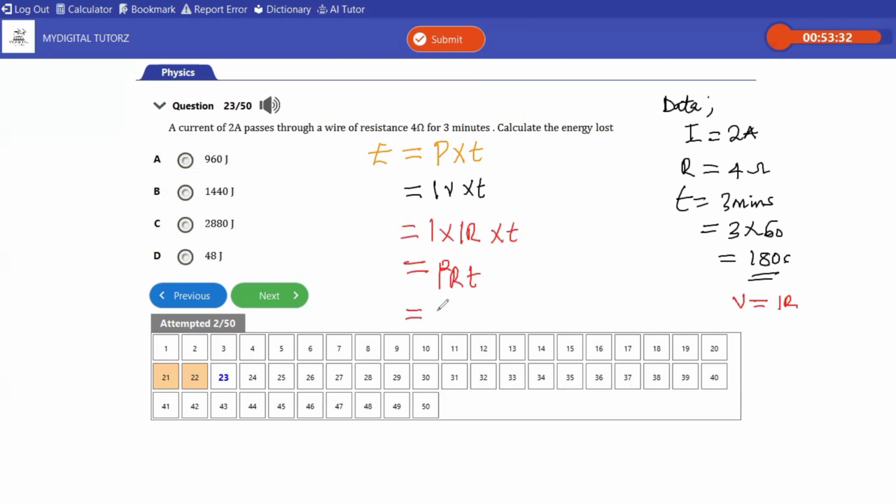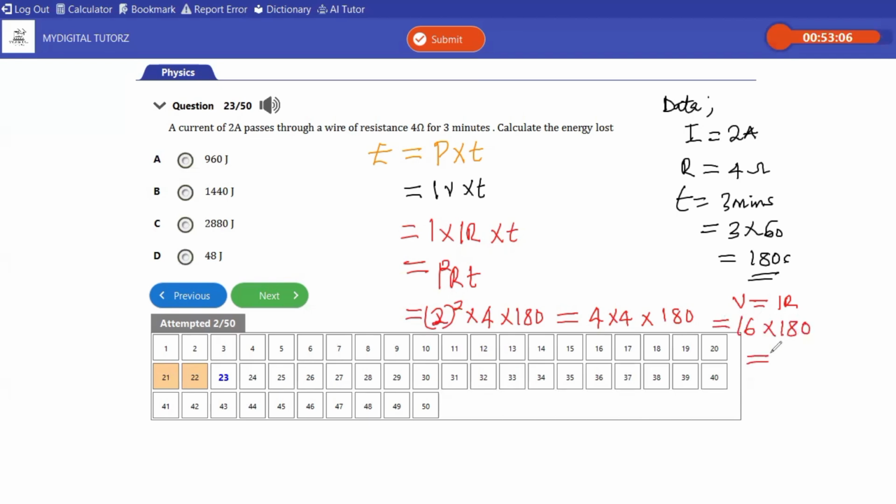So input the values. What is I? I is 2. So I have 2 squared multiplied by R, which is 4, multiplied by the time, which is 180. 2 squared is 4. That will be 4 multiplied by 4 multiplied by 180. So 4 multiplied by 4 gives us 16 multiplied by 180.